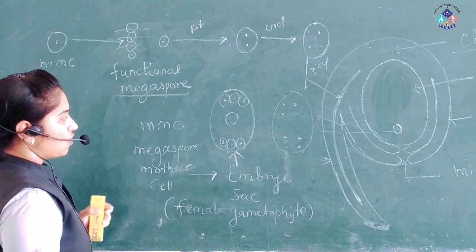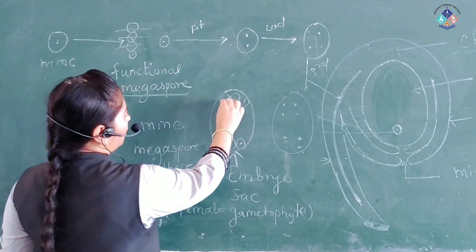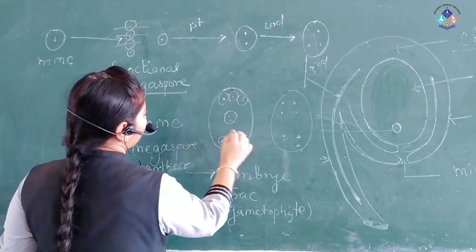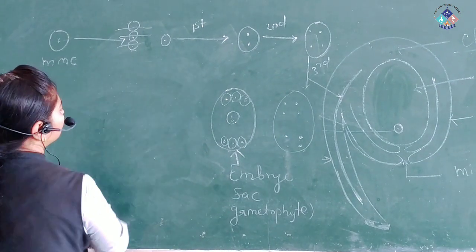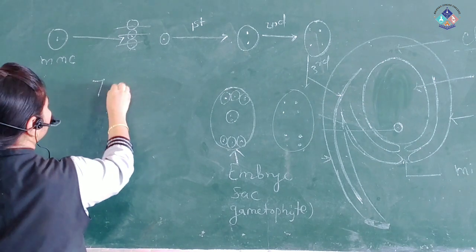So how many cells can you see? 1, 2, 3, 4, 5, 6, 7. The embryo sac is a 7-celled structure.